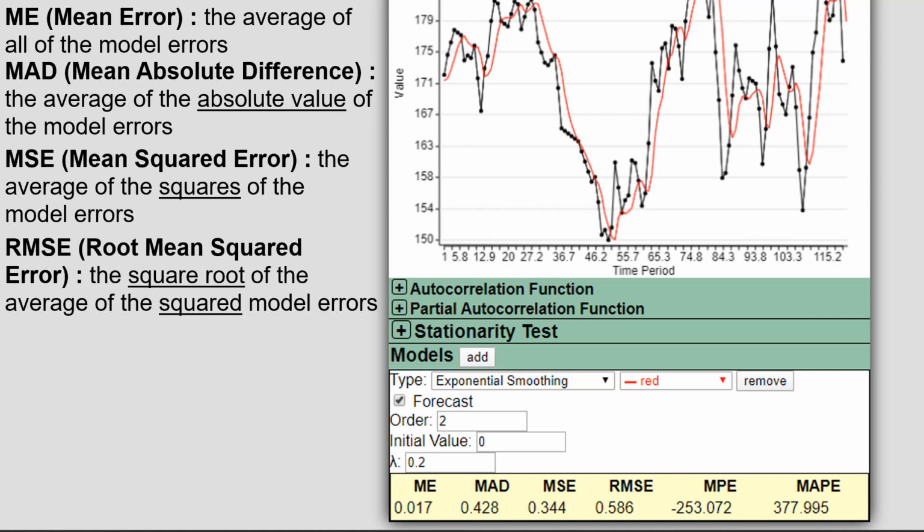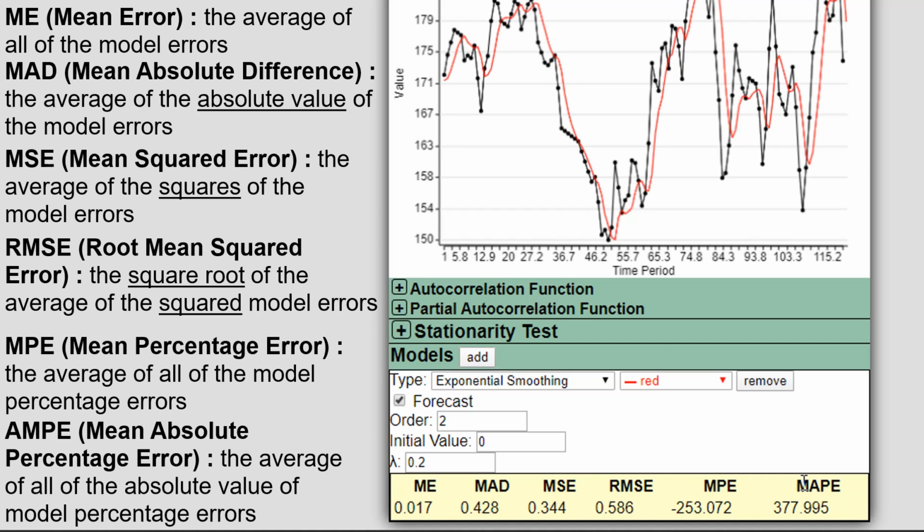Now I've applied a linear trend, but if I wanted to say, how far off am I, percentage wise? If my mean square error was really low, but that means that I'm 200% off in value, that's a big problem, right? Well, this is the mean percentage error and the mean absolute percentage error.